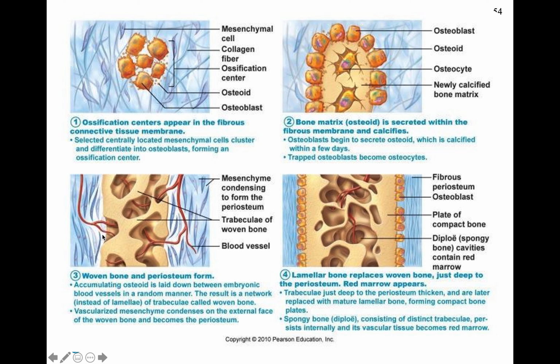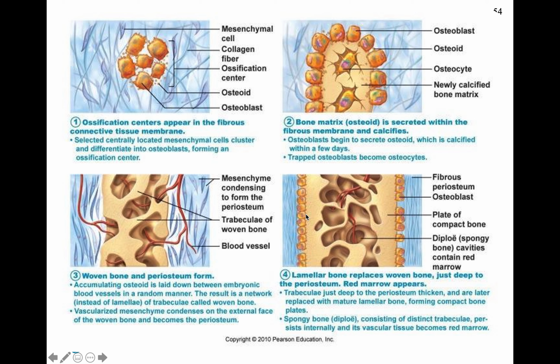The mesenchymal tissue around the periphery will specialize into the periosteum. Those osteoblasts that are sandwiched in between the bone and the periosteum will continue to lay down more and more bone, forming a layer of compact bone on the outside of this spongy bone.